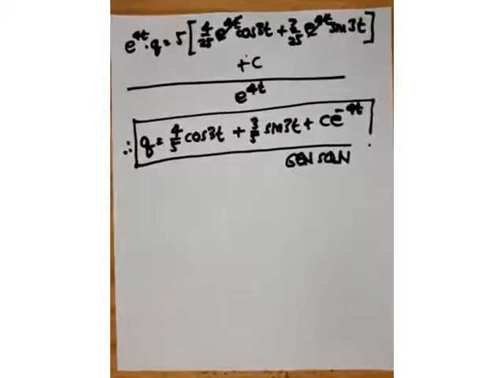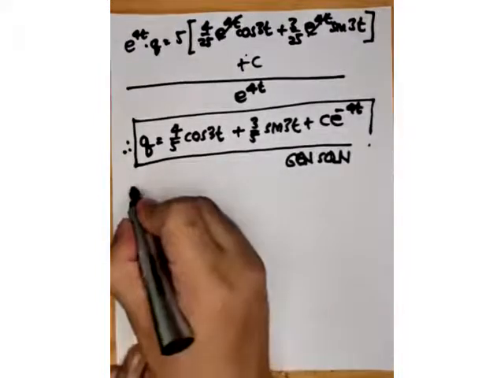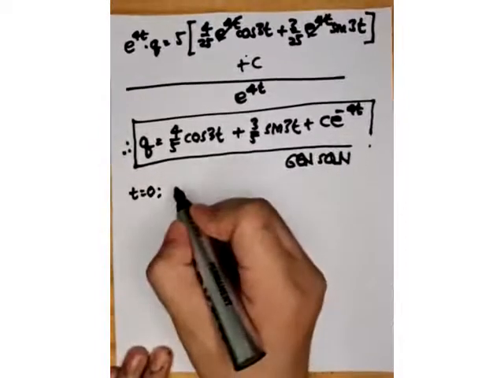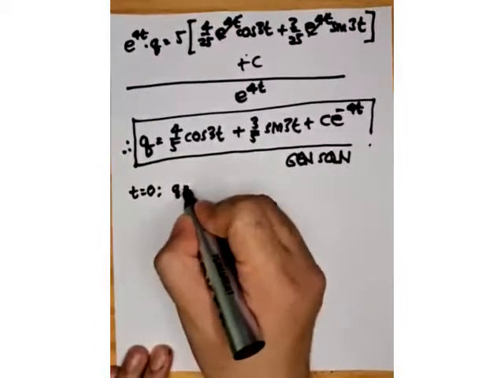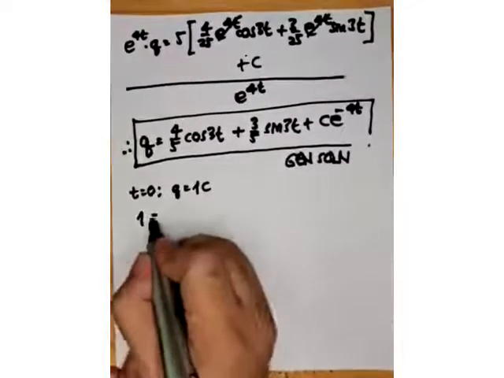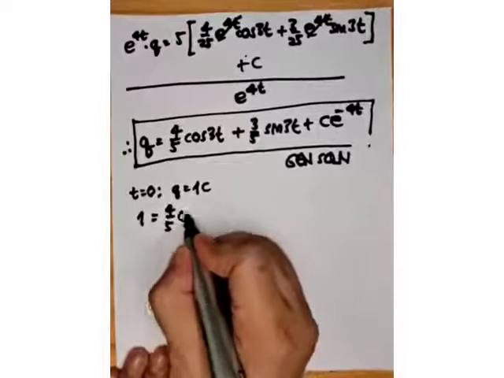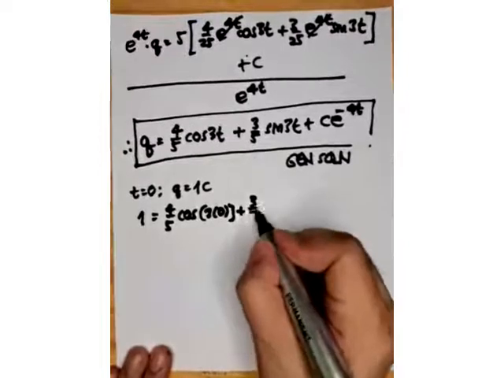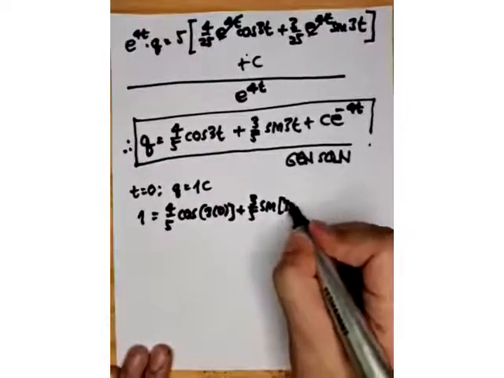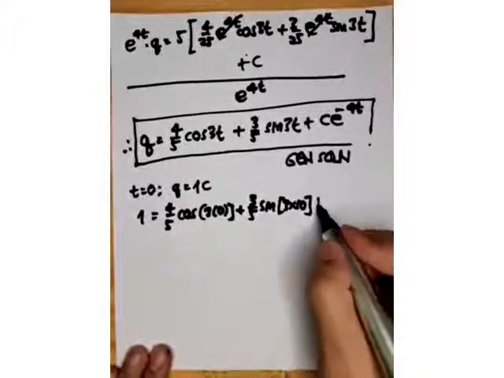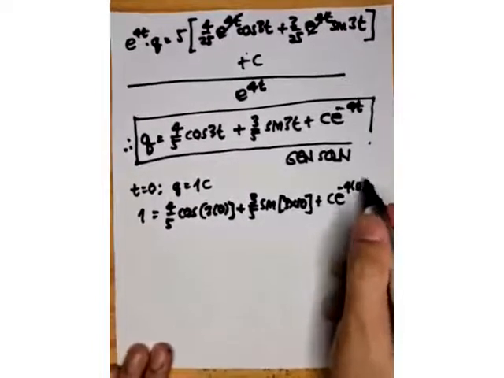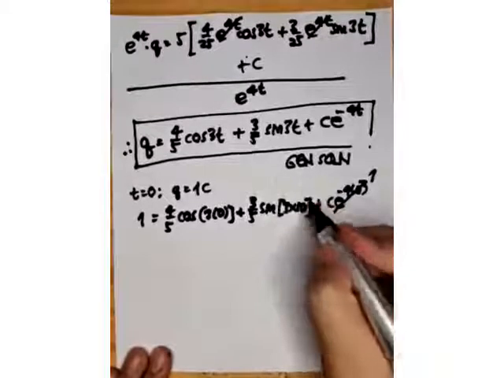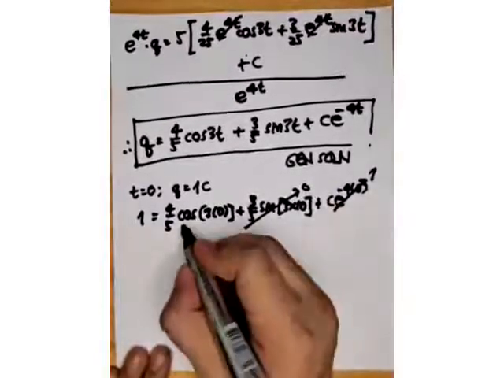Okay, so we're not done yet, because we don't have the answer yet. We have a condition: when t is equal to 0, Q is equal to 1 coulomb. So therefore, 1 is equal to 4 over 5 cosine 3 times 0 plus 3 over 5 sine 3 times 0 plus c e raised to negative 4 times 0. Sine 0 is 0 and cosine 0 is 1.